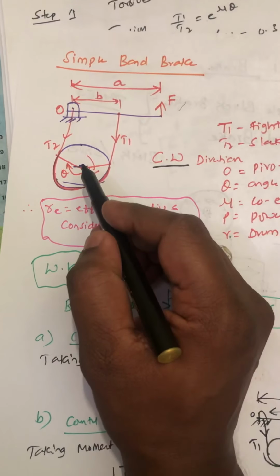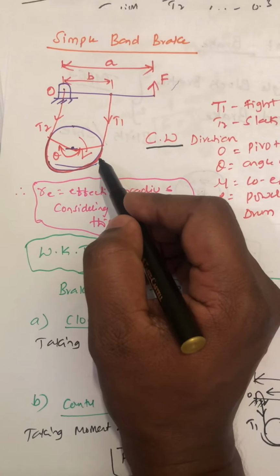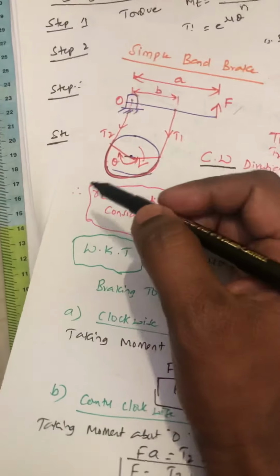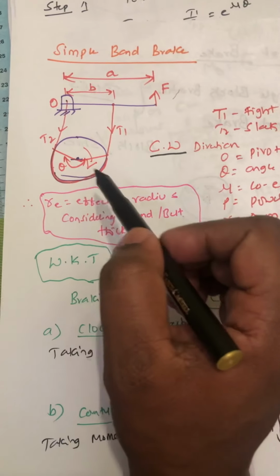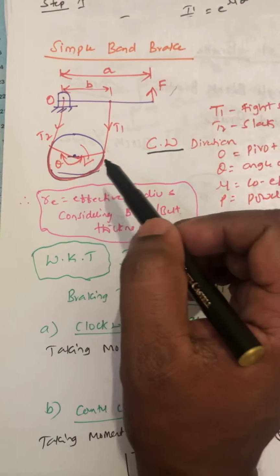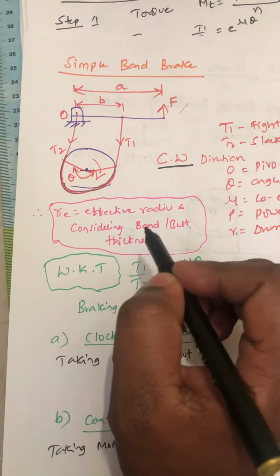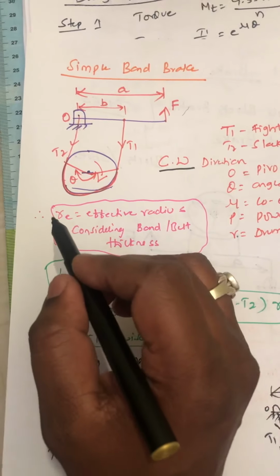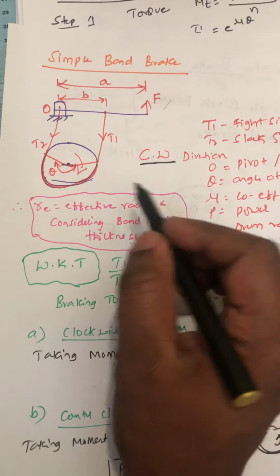If the radius from this point to this point includes the belt thickness, then it is called the effective radius. Sometimes the belt thickness is not given in the question, then you have to consider only the drum radius or drum diameter. Considering the band or belt thickness, that is called RE or effective radius. You should keep that in mind.